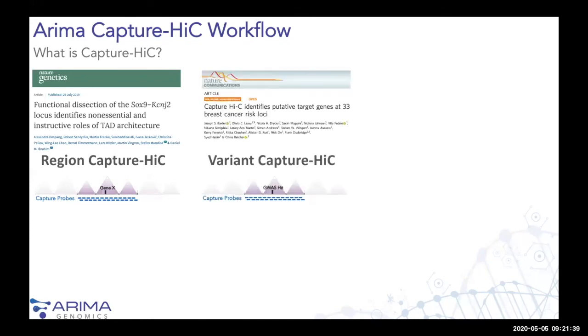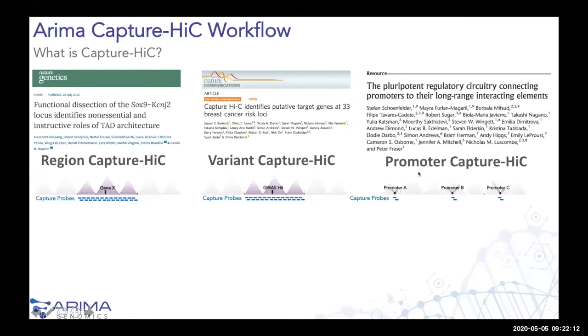There's also a body of literature using Capture Hi-C with the concept that many GWAS studies have identified variants associated with a disease phenotype, and perhaps those causative non-coding variants disrupt enhancers. You want to use the Capture Hi-C data to link those regions to putative target genes associated with the disease phenotype.